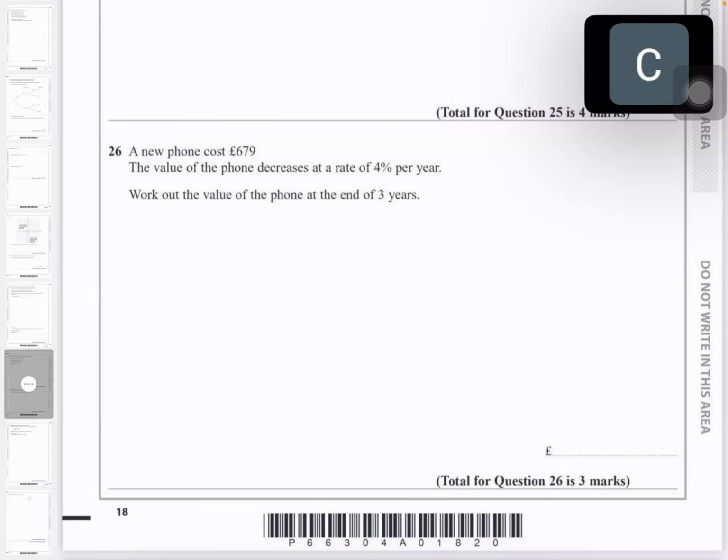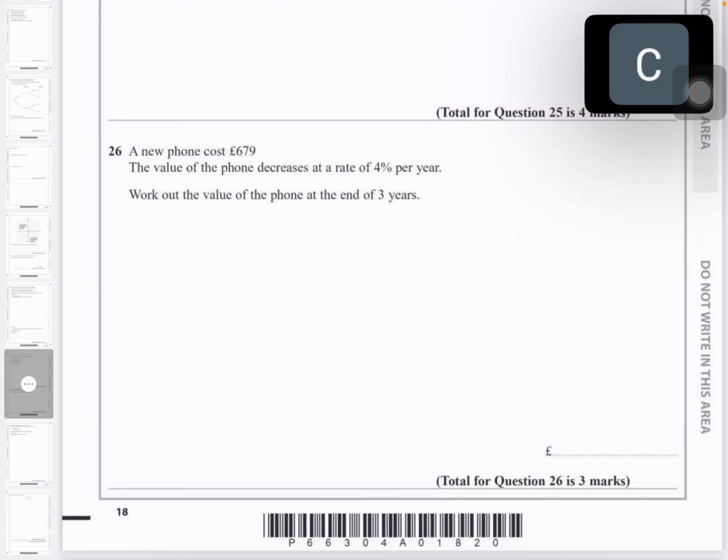If it's decreasing. No, it's decreasing, right? Yes. Okay. So do you think it's going to... I'm just looking at it because it says the value of the phone decreases at a rate of 4% per year. So how would you take on this?